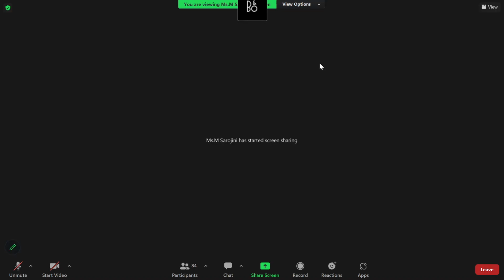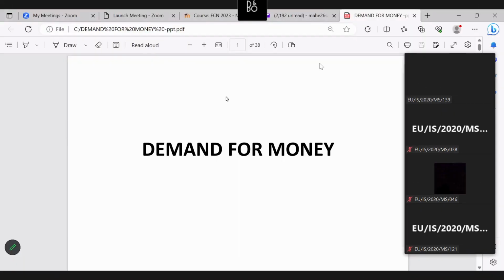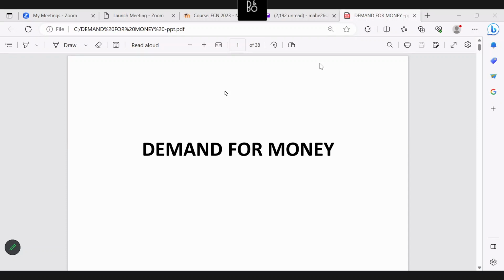Okay. So you already know what demand is and what money is. Both things are joining here. Demand is what you studied in your microeconomics, and money you studied in your macroeconomics. So both concepts are connecting.